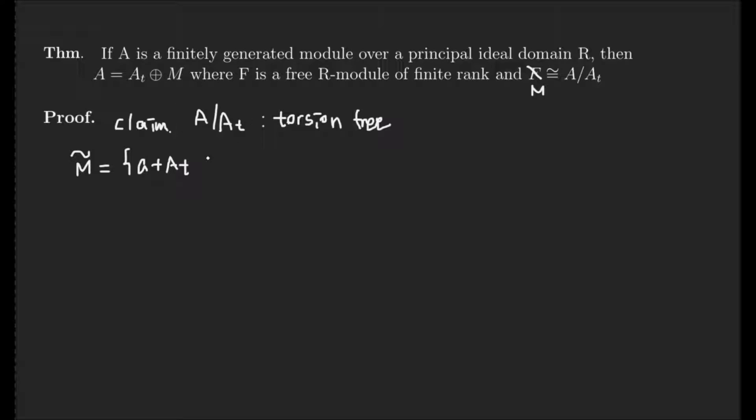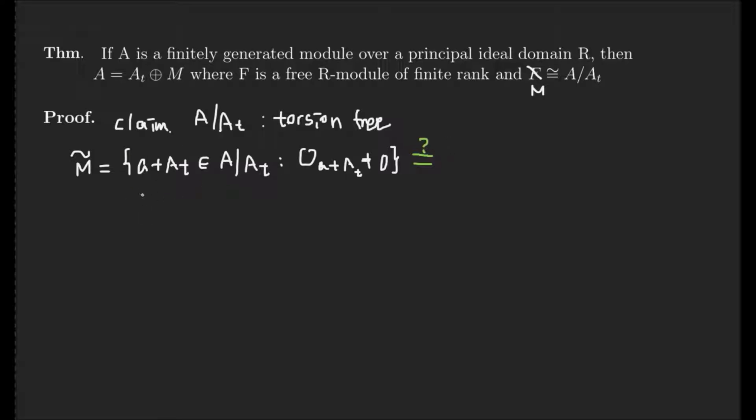Because this is an Abelian group, the form is written here: A quotient by AT, such that a plus AT is a non-zero set. If this set is torsion, or if the quotient of A by AT is torsion-free, our desired result is that this only consists of the 0.